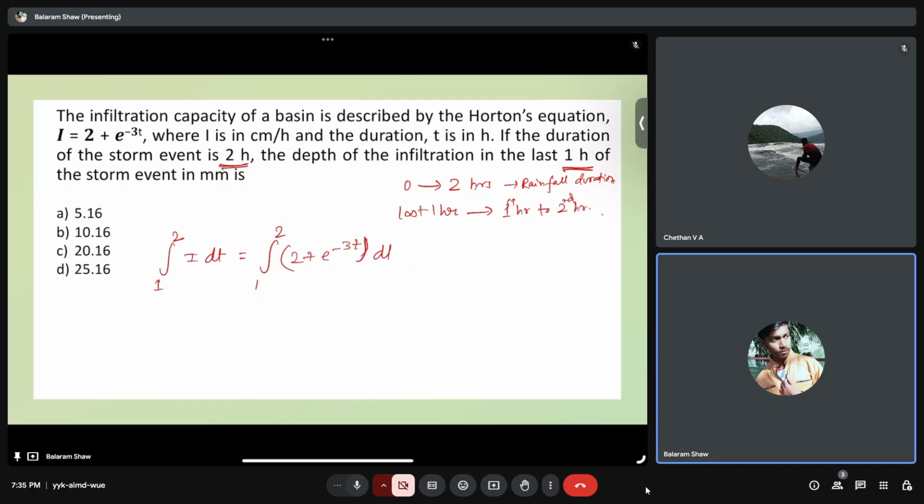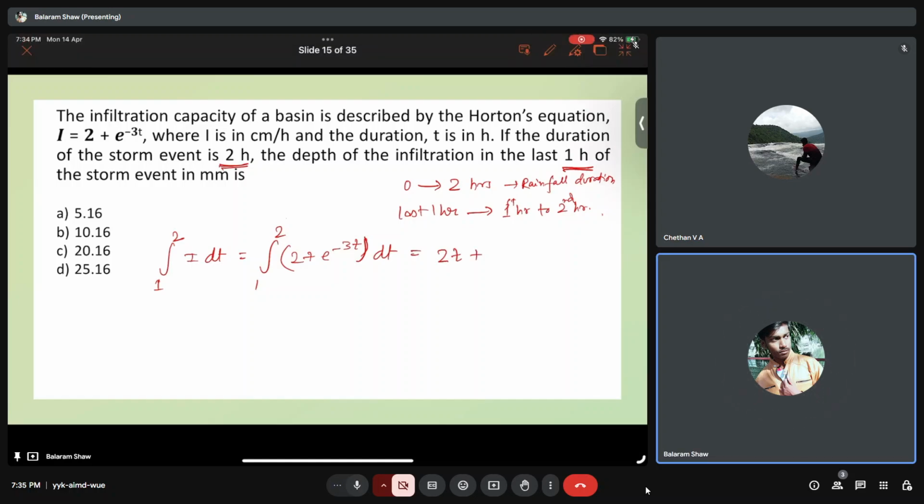Simple, right? It will be 2t plus e to the power minus 3t by minus 3. Integrate this with limits from 1 to 2.